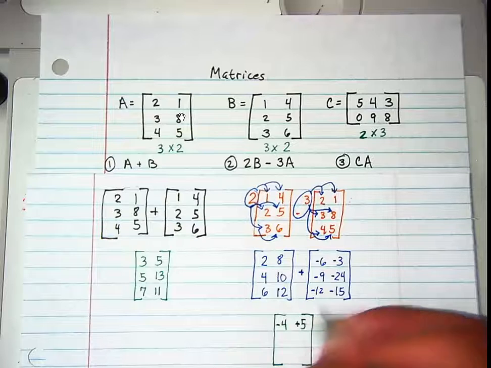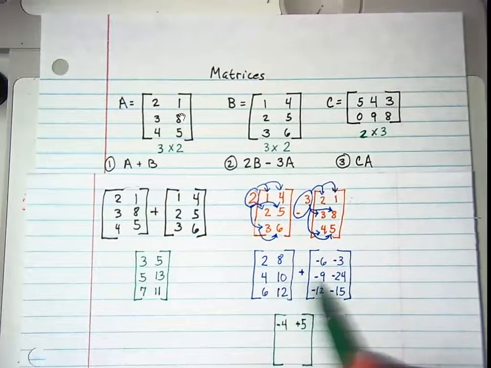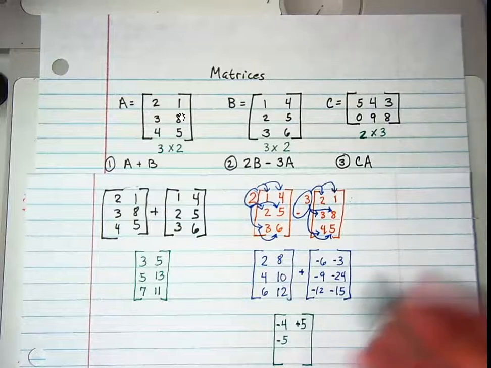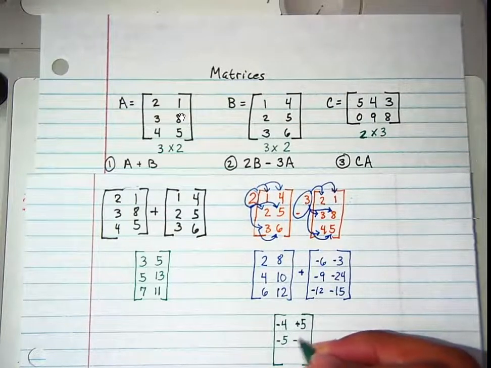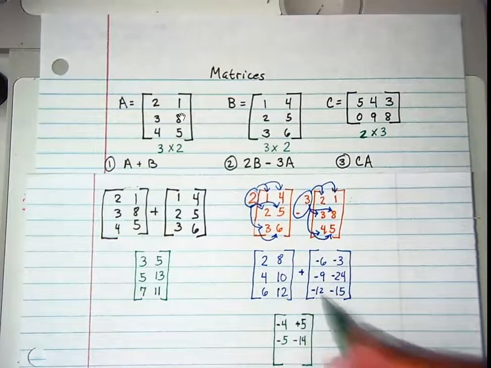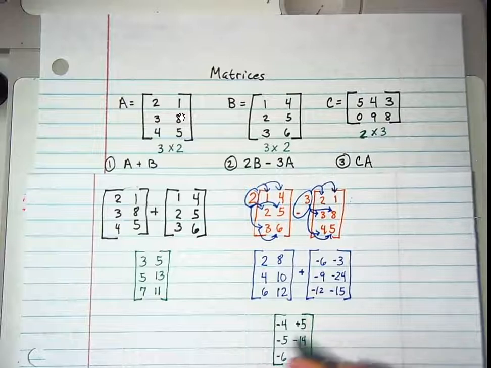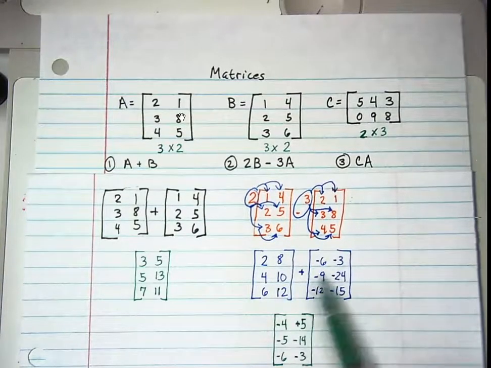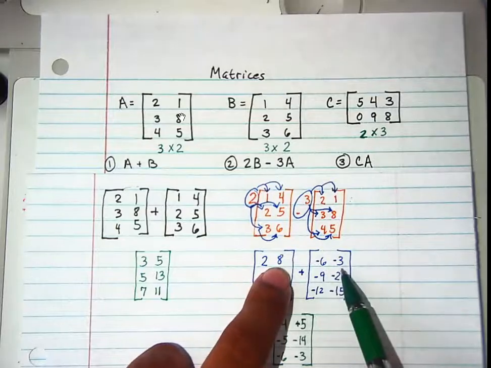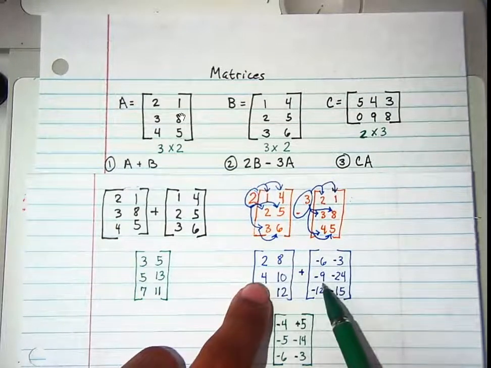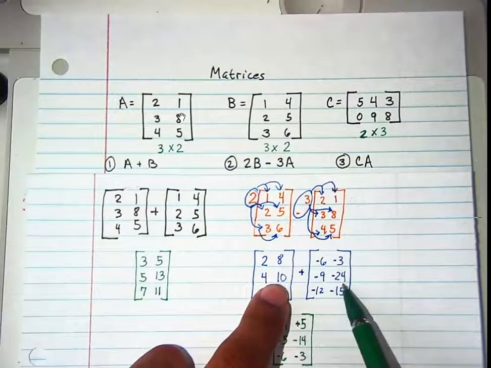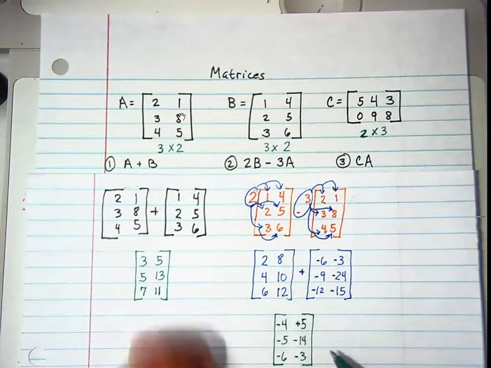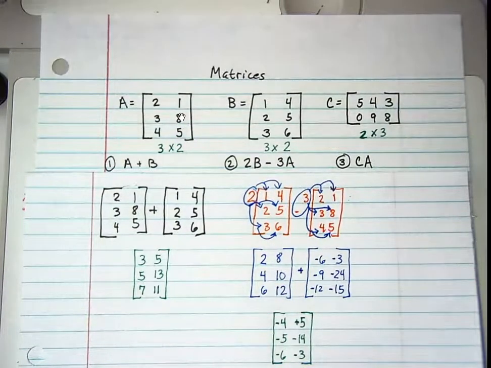Positive 5. 4 and negative 9 is negative 5. 10 and negative 24 is negative 14. 6 and negative 12 is negative 6. 12 and negative 15 is negative 3. So there: negative 4, positive 5, negative 5, negative 14, negative 6, and negative 3. All right, and that's the answers we got.